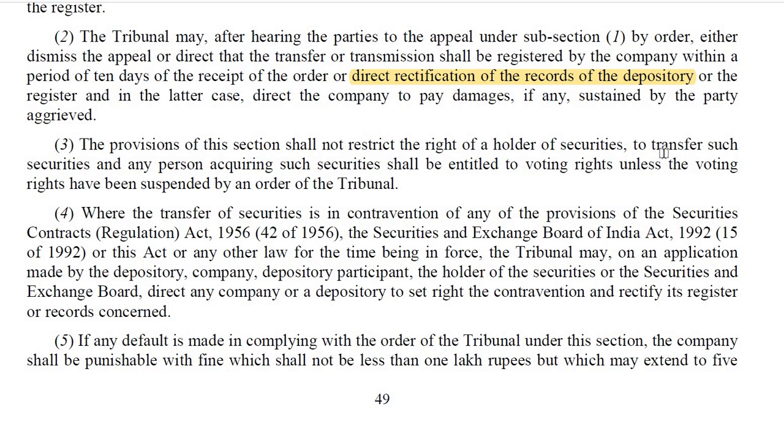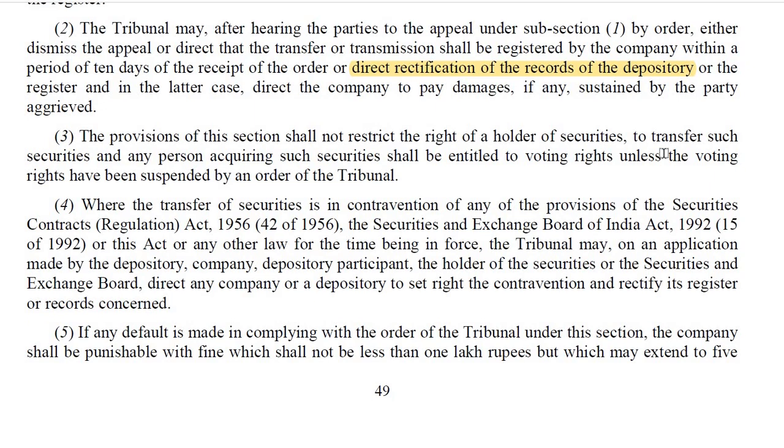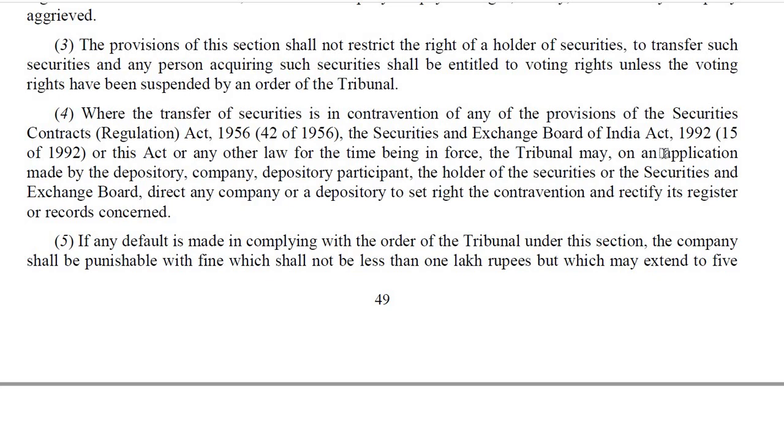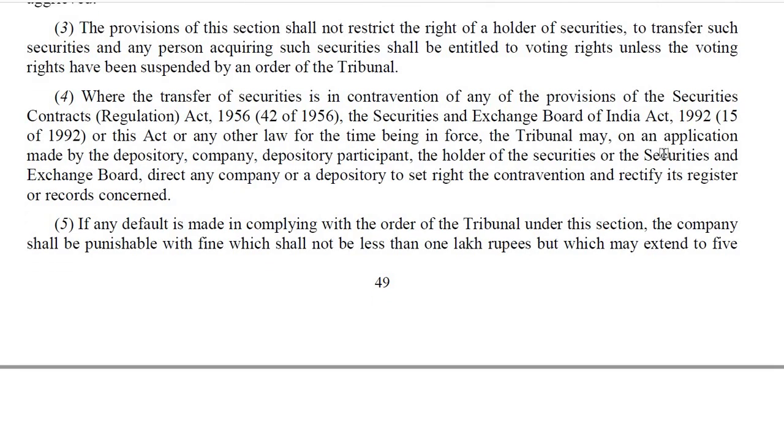In the latter case, direct the company to pay damages, if any, sustained by the party aggrieved. The provisions of this section shall not restrict the right of a holder of securities to transfer such securities, and any person acquiring such securities shall be entitled to voting rights unless the voting rights have been suspended by an order of the tribunal.